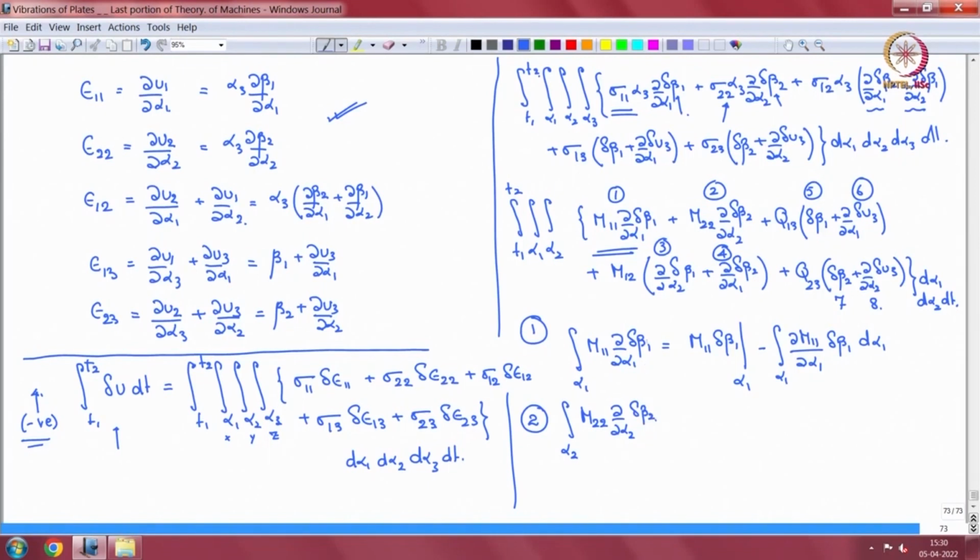There should be a d alpha 1 here, d alpha 2, which is equal to M22 delta beta 2 at the ends of alpha 2 minus the integral alpha 2 del M22 by del alpha 2 delta beta 2 d alpha 2.